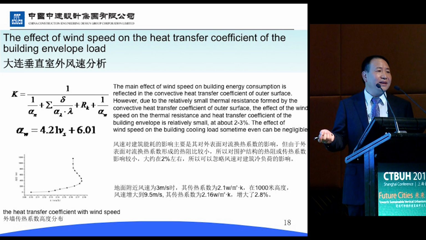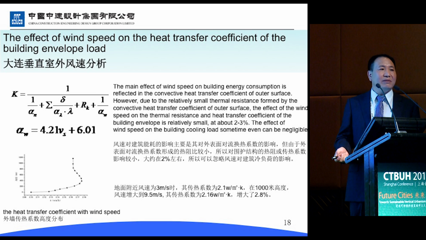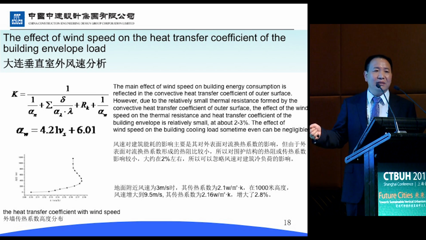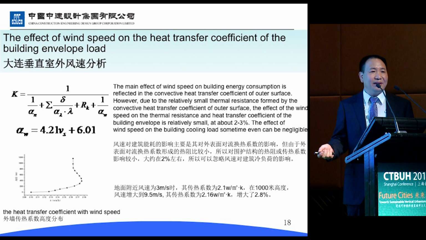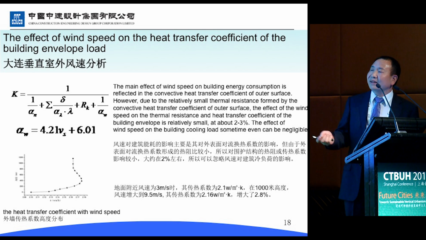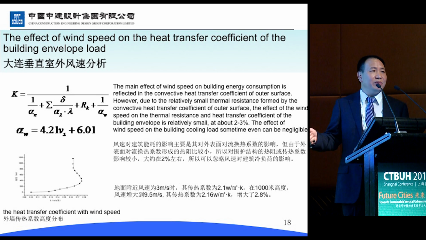Now this is the effect of the wind speed on the heat transfer coefficient of the building envelope load. The main effect of the wind speed on building energy consumption is reflected in the convective heat transfer coefficient of the outer surface.